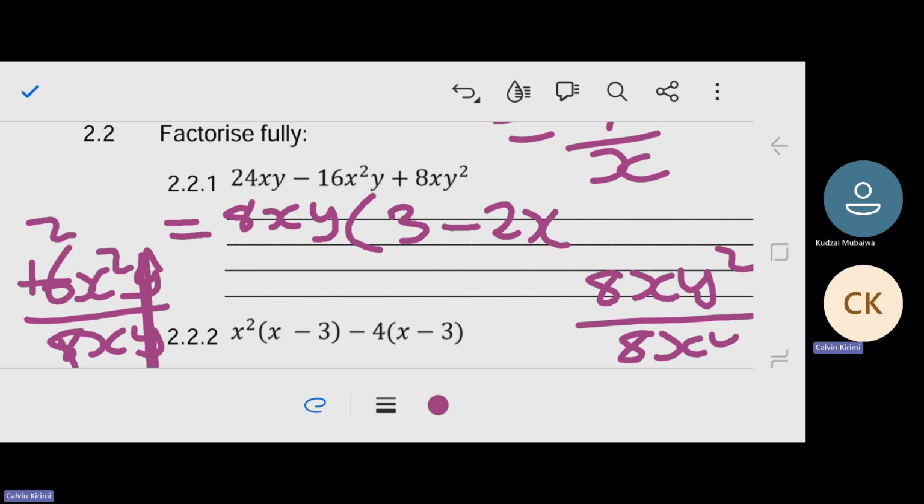Check nicely. 8 and 8, they cancel. This and that, they cancel. So what is the answer which you must write there? It can't be plus 1. It has to be what? Y. Yes, plus y.